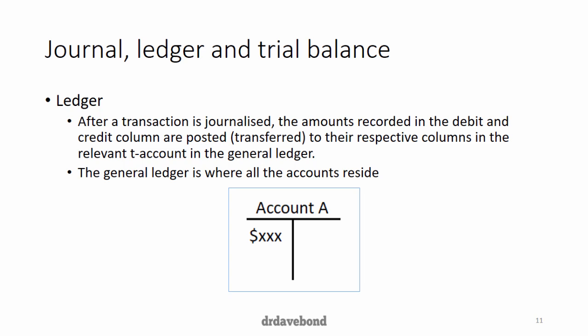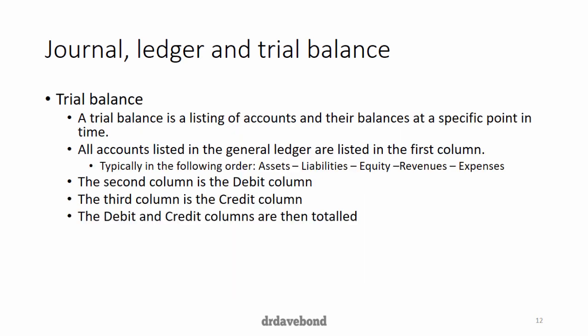Now, once we've done this, if you've only got a few accounts, you could potentially create the financial statements. But if you've got tens, hundreds, or thousands of accounts, that's going to be quite difficult. So once we've got all the accounts set up, we create a trial balance. This creates a listing of all the accounts and their balances at a specific point in time.